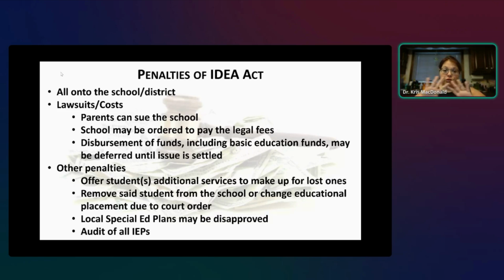But to create an IEP, it's an entire group of people from the school district, the parents, and once the child turns 14, they are then invited into the IEP meetings.